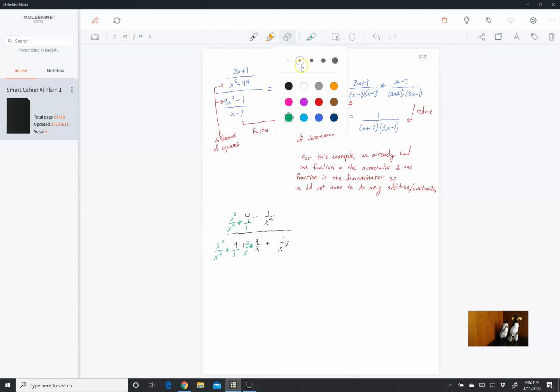Let's first multiply so that we get our fractions easily seen. Here we have 4x squared over x squared minus 1 over x squared. That's what our top looks like now. On our bottom, we have 4x squared over x squared again, plus 4x over x squared, plus 1 over x squared.